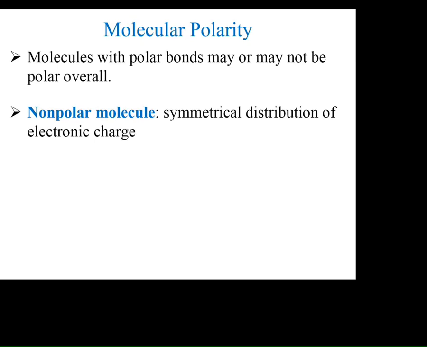So if everything is symmetrical around that center atom, in a sense, if the electrons are moving equally in every direction, then it will be nonpolar. So this is going to be your friend today. Symmetrical versus asymmetrical. If it's symmetrical around the center atom, it is a nonpolar molecule. Even if the bonds are polar, doesn't matter. If they are symmetrically spread out, it's still a nonpolar molecule.